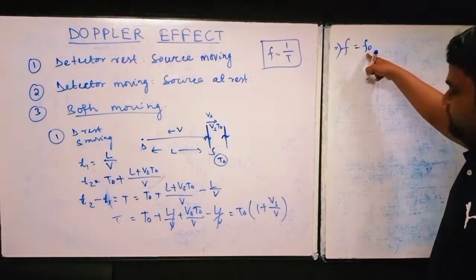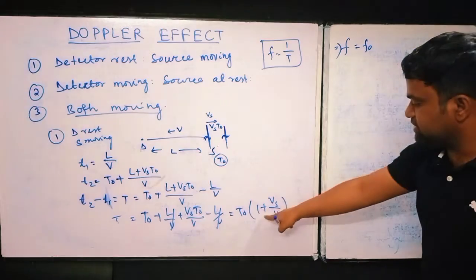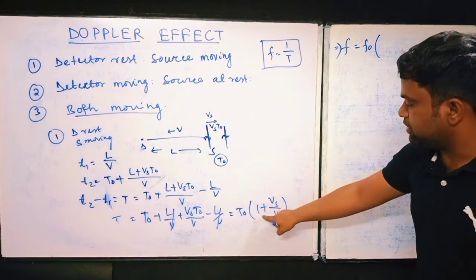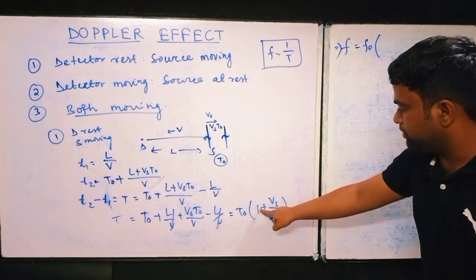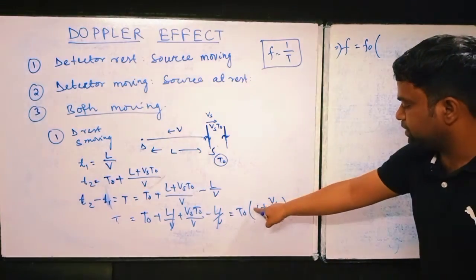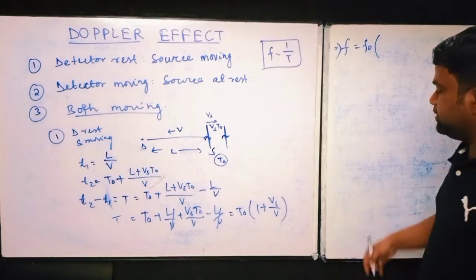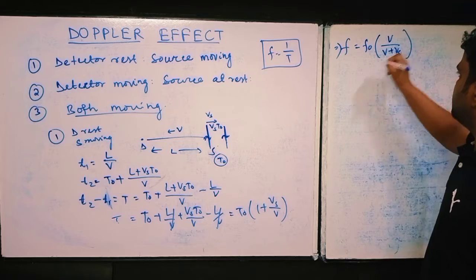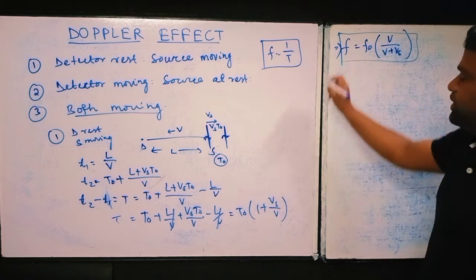So it will be f0 times the reciprocal of this one. The LCM is V plus Vs, so the reciprocal will be V by V plus Vs. This is the frequency when the source is moving away.